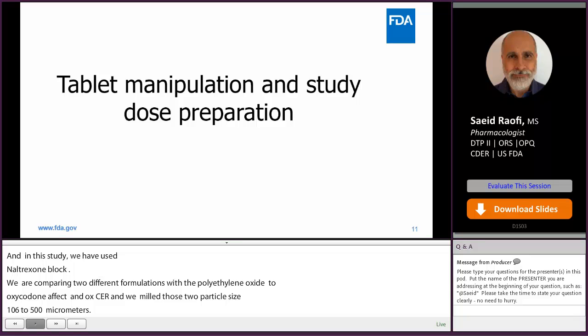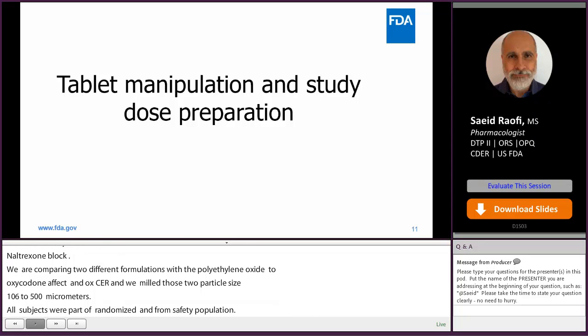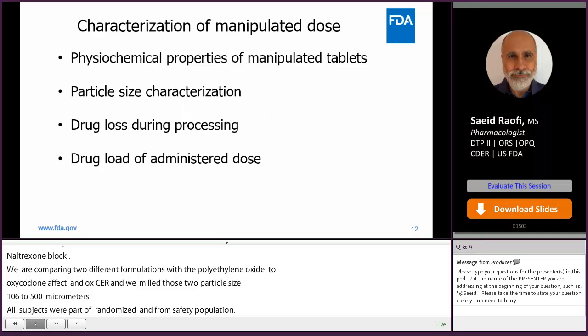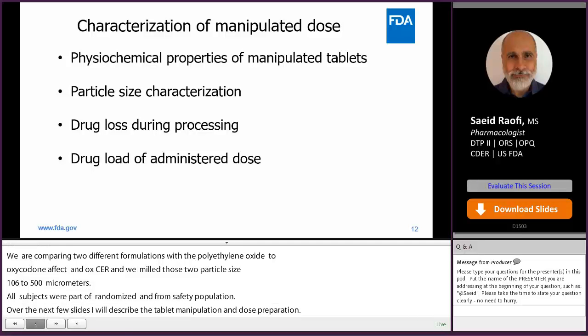Over the next few slides, I'll describe the process of tablet manipulation and study dose preparation. The first step in the manipulation process is to see whether we can manipulate the tablet into a particle size range that can be insufflated, which we successfully did in our study.